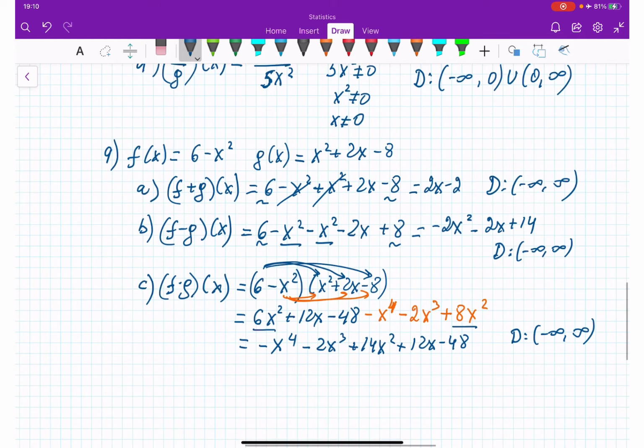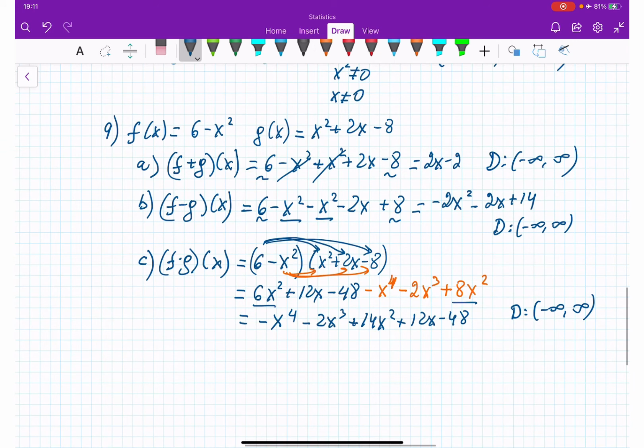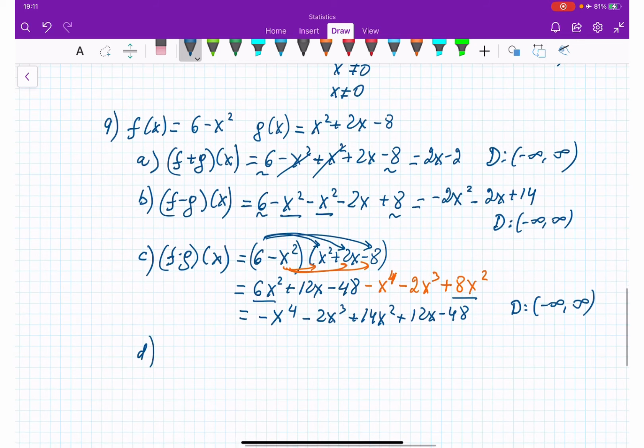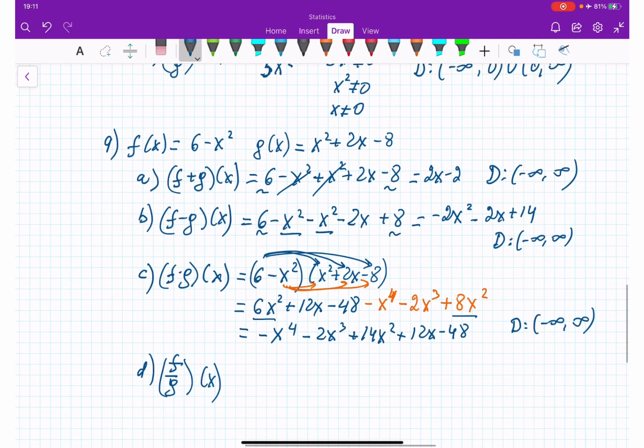Question number 10. Honestly, I have had enough of these algebras, but never mind, we'll take care of it. F over g of x, because we divide f by g, means in the numerator will be 6 minus x squared.